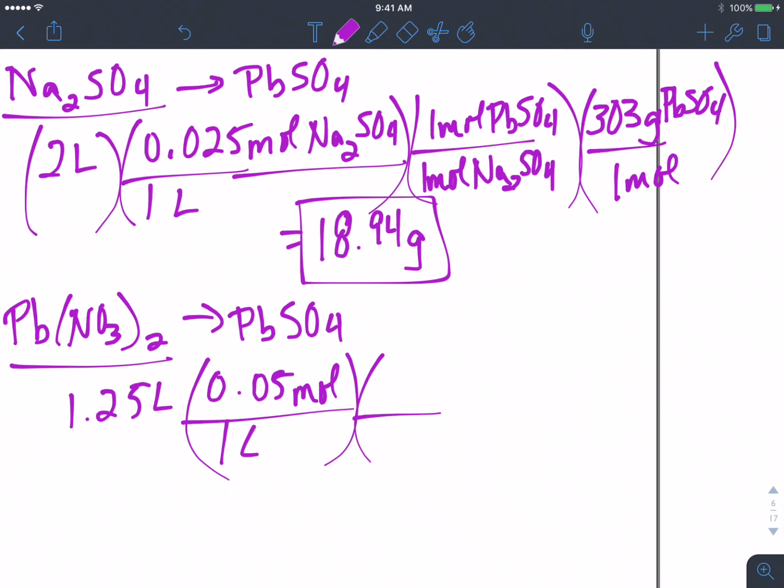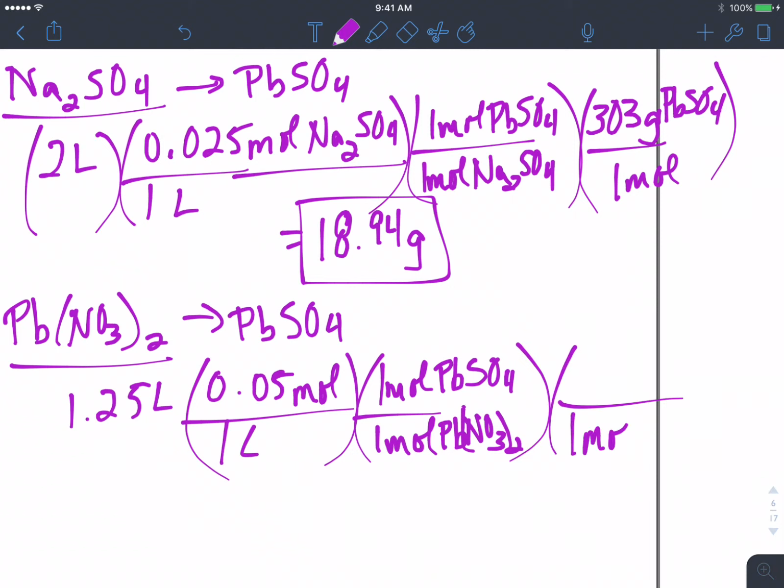And now this is where we have to be careful. I really should be labeling these with the compounds. But we know for every mole of PbNO3, 2, there's a mole of PbSO4. Again, we know that 1 mole weighs 303 grams of PbSO4.